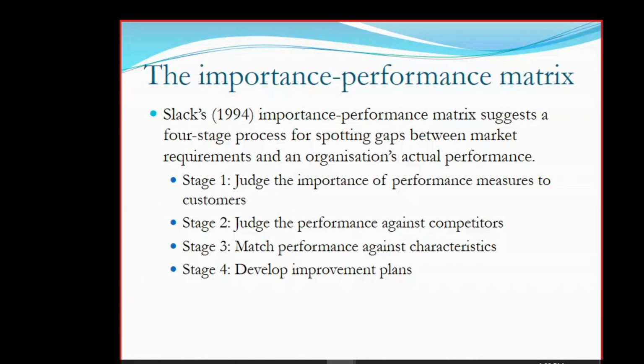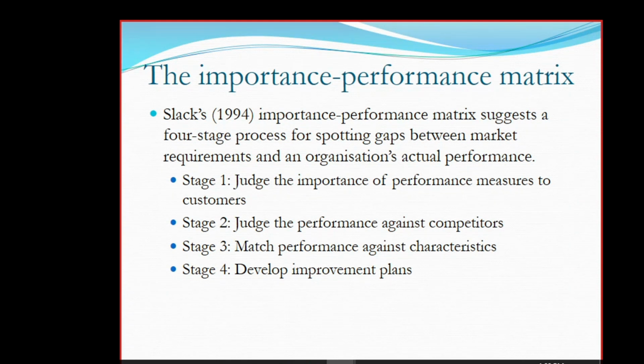Now, in order to improve the performance, we need to understand how our performance is. So we need to make a certain judgment about the requirements of our performance. So in stage 1, okay. So this is a matrix.